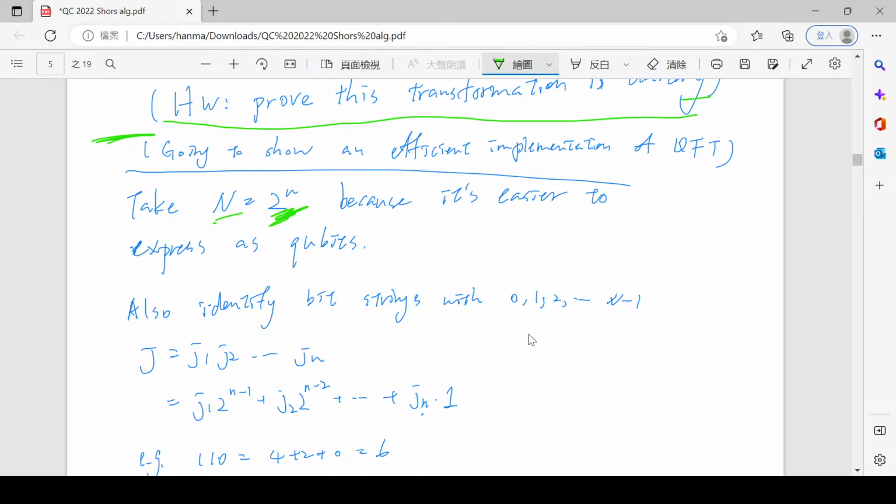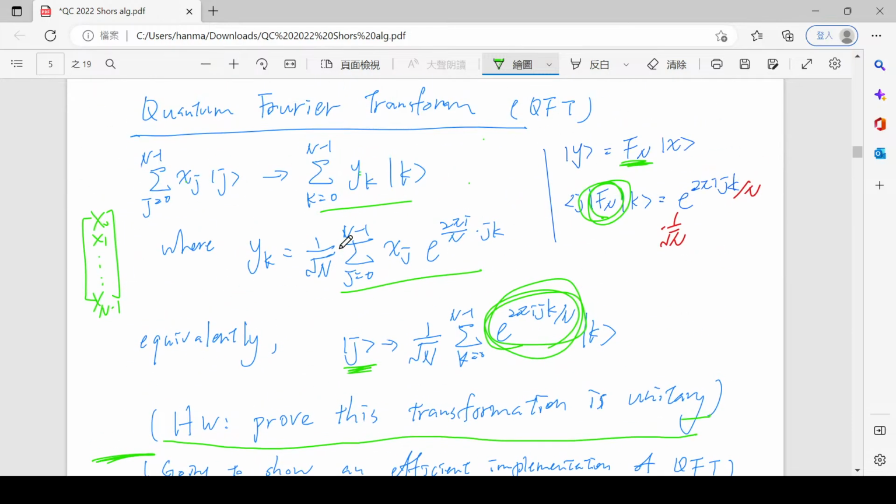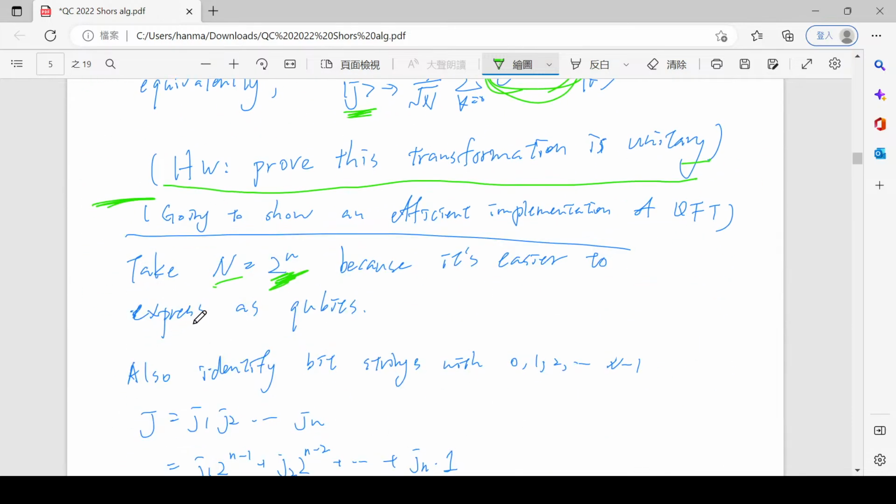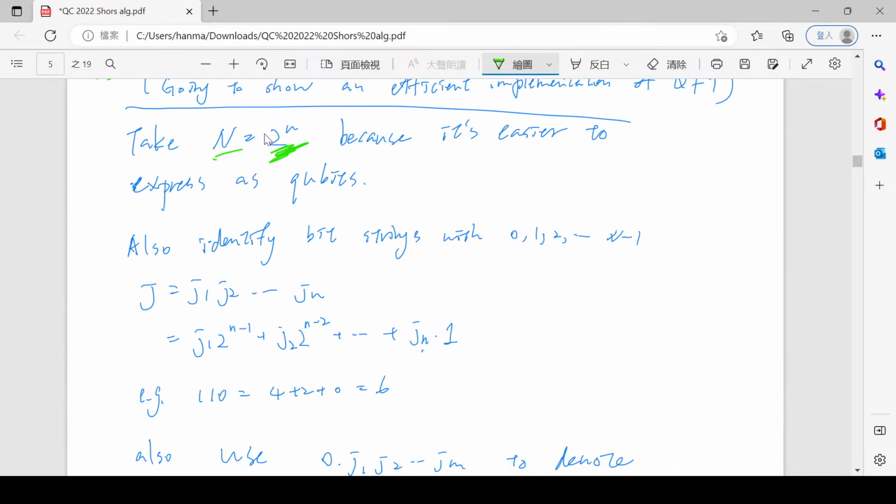Because we now have big N equal to 2 to the n, any number from 0 to big N minus 1 you are going to identify with a small n bit string, right? And this is how it works.